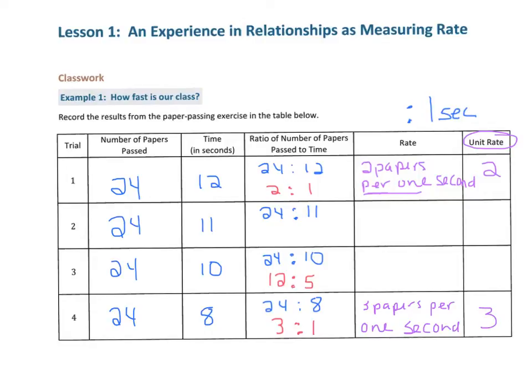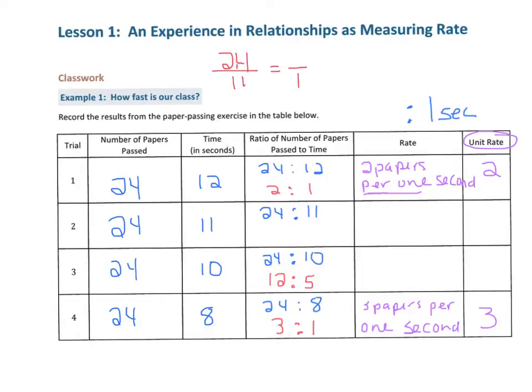With trial 2 and 3, you had to do some dividing. How many times does 11 go into 24? So I think of it like, and I'm going to write it up here, a fraction, 24 over 11, and we want to change it to the per 1.